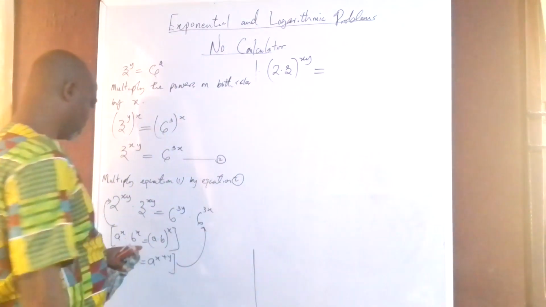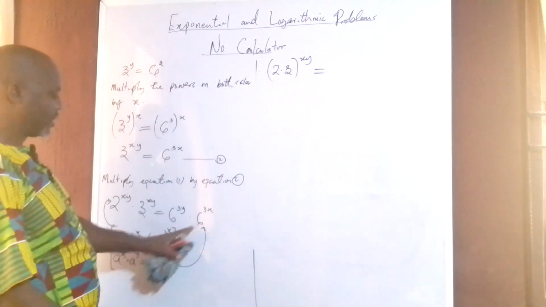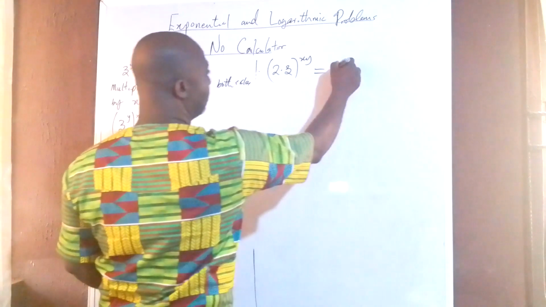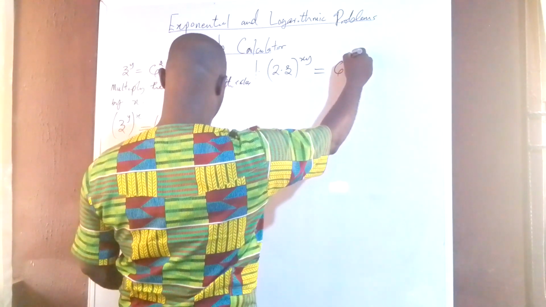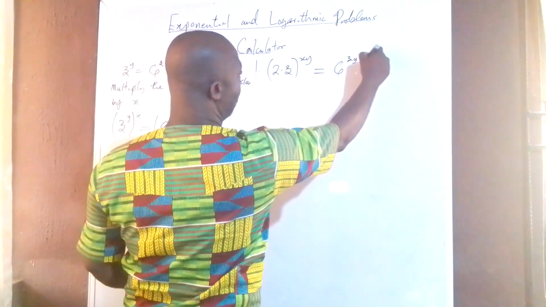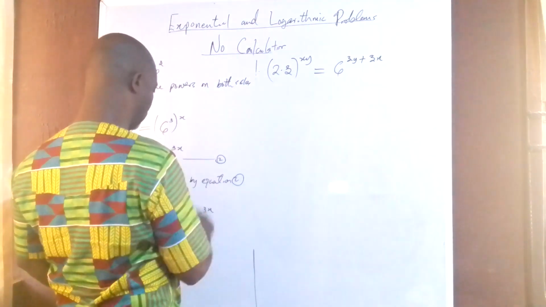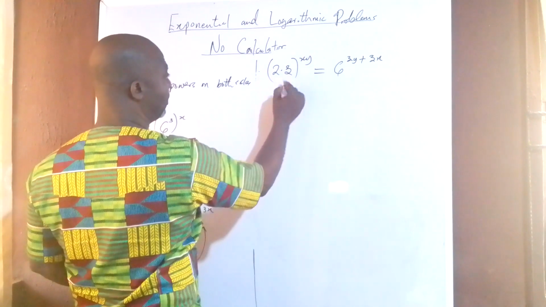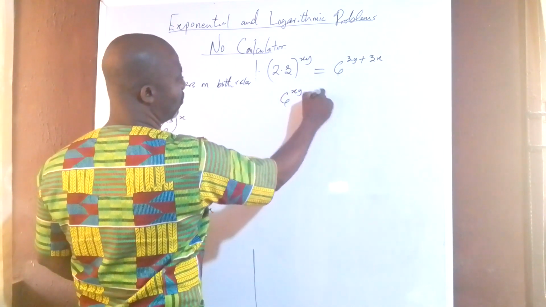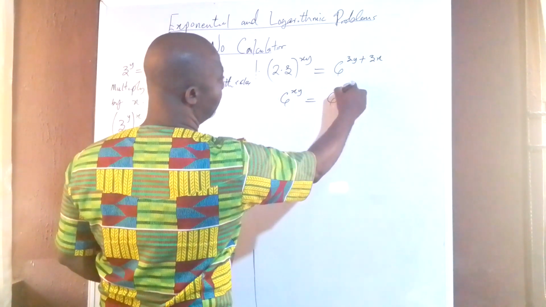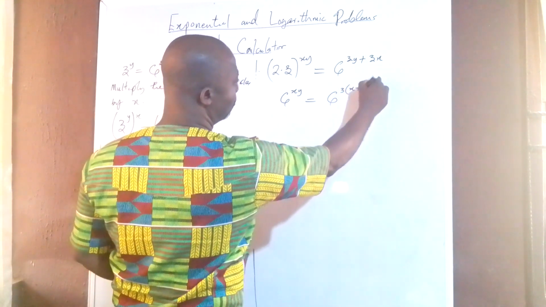Then on the right, since the bases are the same, we apply the second law. We have 6 to the power of 3y plus 3x. So 2 times 3 will give us 6 to the power of xy equal to 6 to the power of 3 bracket x plus y.